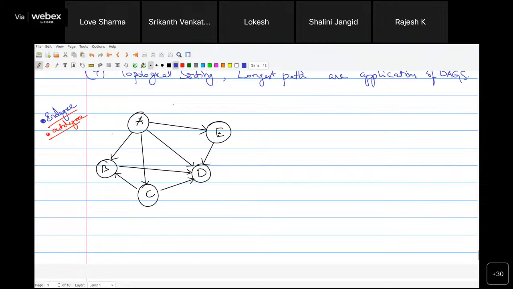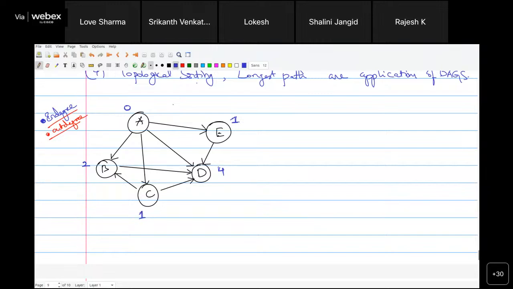The in degree of A will be 0. In degree of E will be 1. In degree of B will be 2. In degree of D will be 4. In degree of C will be 1. Am I correct?